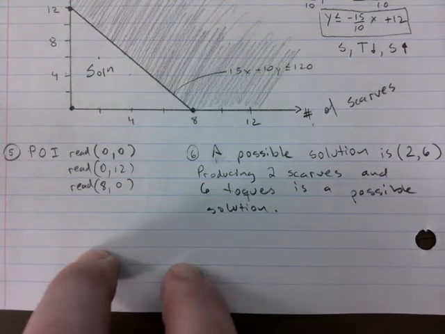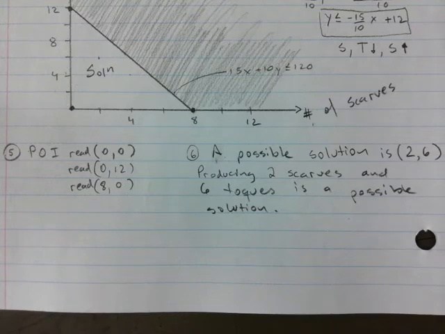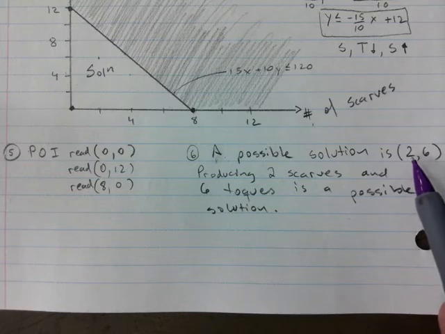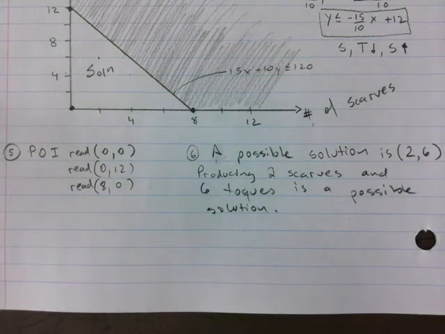Okay, so you need to now switch from just it being a point to now this coordinate meaning something, right? It represents the number of toques and the number of scarves, okay? I should say that again. Scarves is the first, toques is the second. A couple of things here.